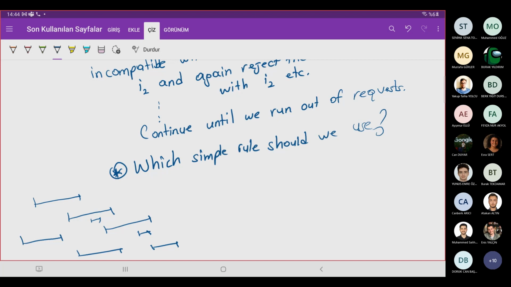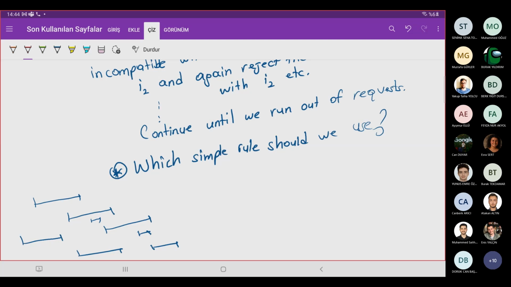It's a special case of the first problem that we saw in the dynamic programming section, where all the values of the requests are equal to each other. So we want to have the maximum number of requests, which is the same as maximizing the total value in this case.